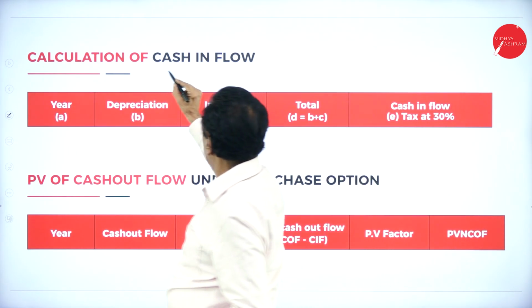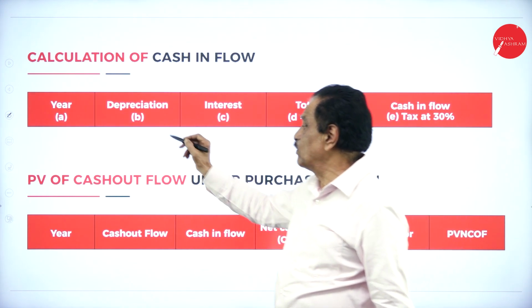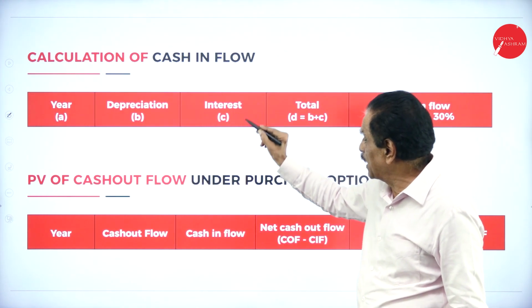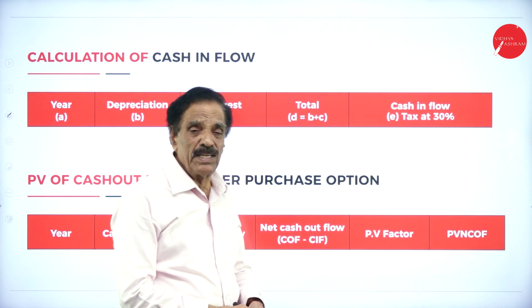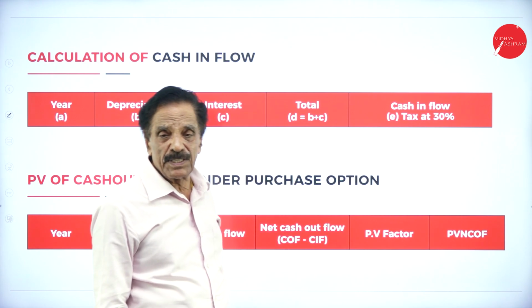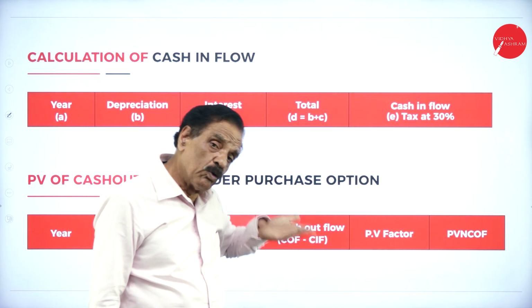Third, calculation of cash inflow. What are the inflows? First you calculate the depreciation, then calculate the interest, and it becomes the total. On that, whatever the percentage of tax bracket is given, you calculate the 30%, that is your inflow. First is outflow, then inflow.